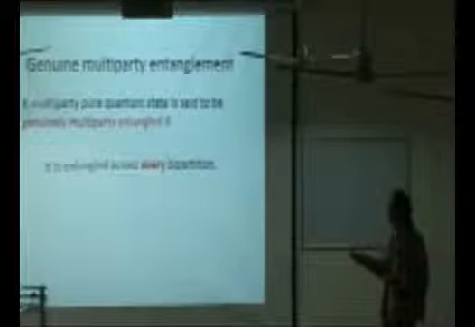So here I must tell you about what is entanglement, because for bipartite entanglement there is, at least conceptually, a single measure of entanglement. There can be many ways to measure it, but essentially it's the same concept, especially for pure states.